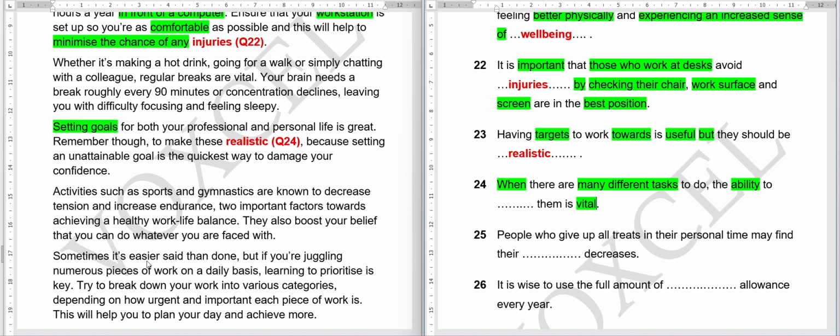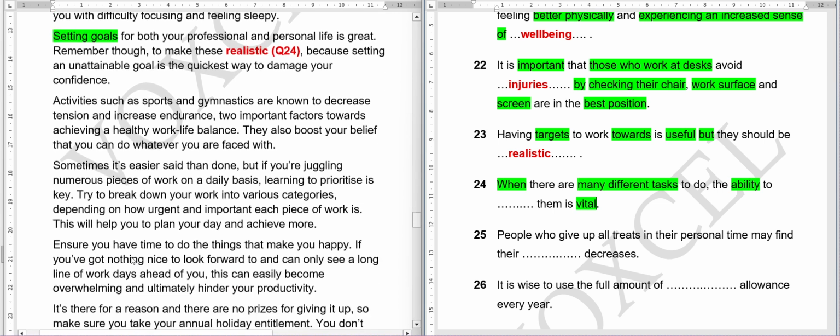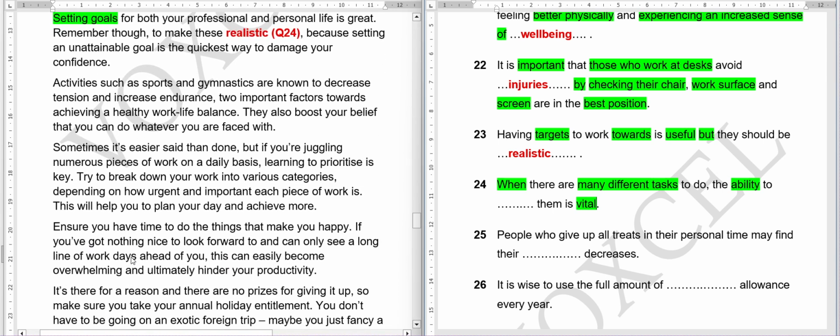Sometimes it's easier said than done, but if you are juggling numerous pieces of work on a daily basis, basically many different tasks, learning to prioritize is the key. So you should learn to prioritize those tasks. Try to break down your work into various categories depending on how urgent and important each piece of work is. This will help you to plan your day and achieve more.